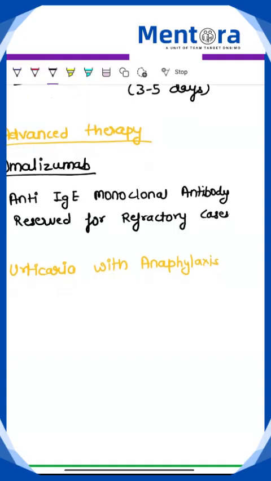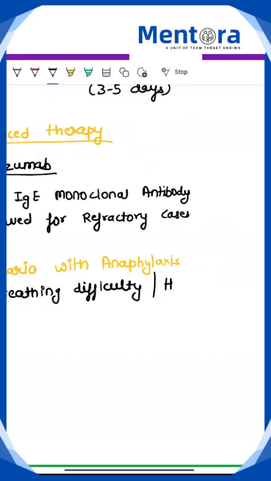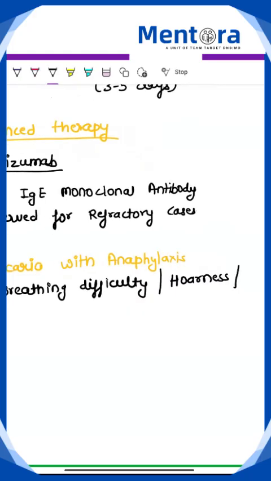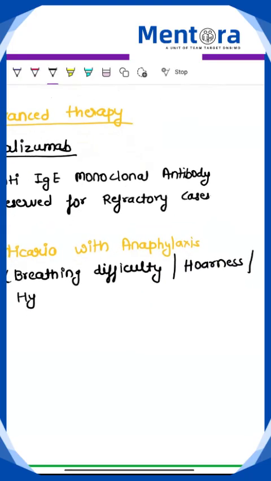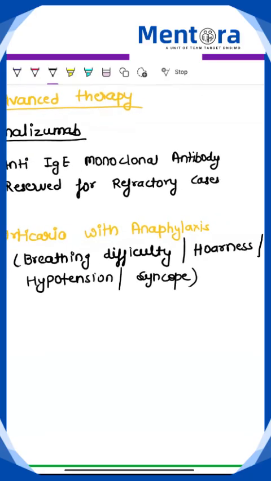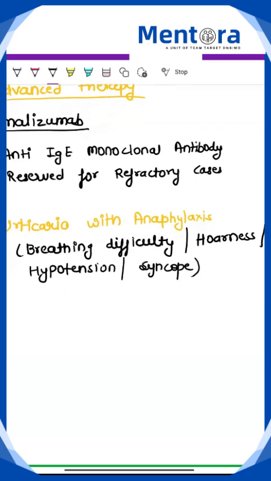That means the patient presented with breathing difficulty, or hoarseness of voice, or hypotension, or syncope along with urticarial rashes.